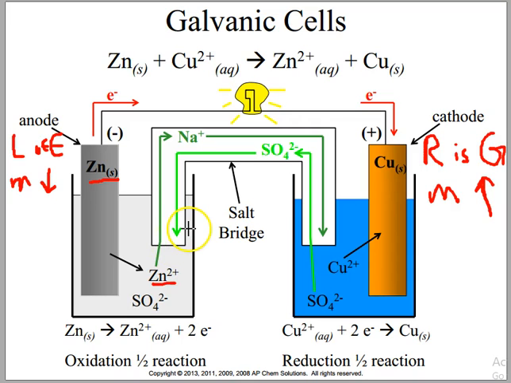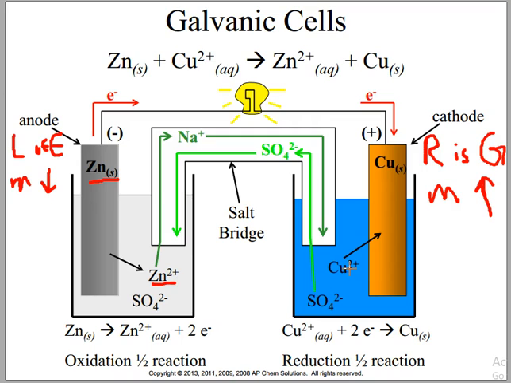And as each zinc ion over here enters the solution at the anode, the sulfate ion also enters this oxidation half cell in the solution to maintain neutrality. As each copper ion leaves the solution to form the solid and bond with the cathode, 2 sodium ions have to enter the solution and maintain neutrality here.